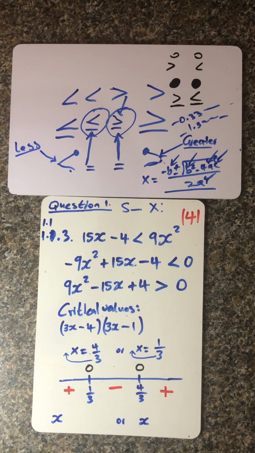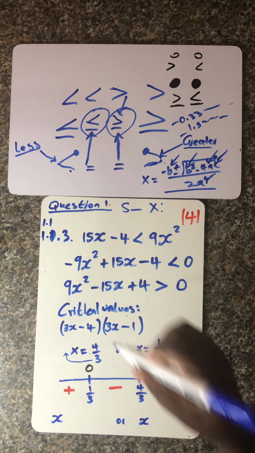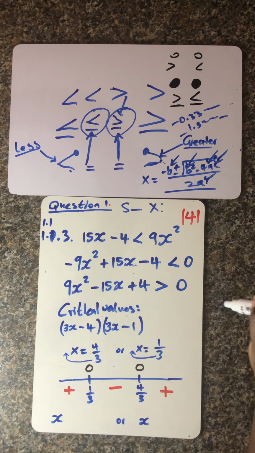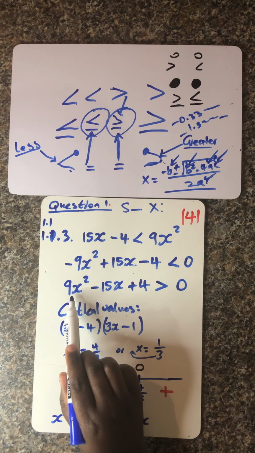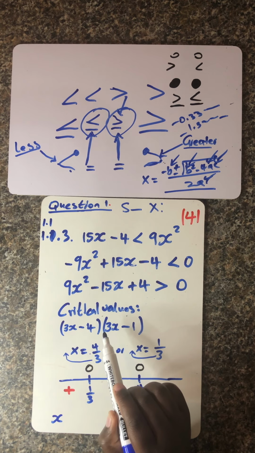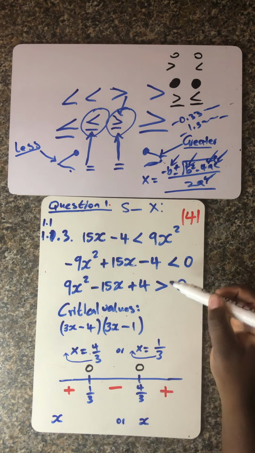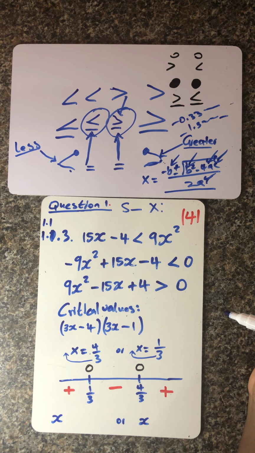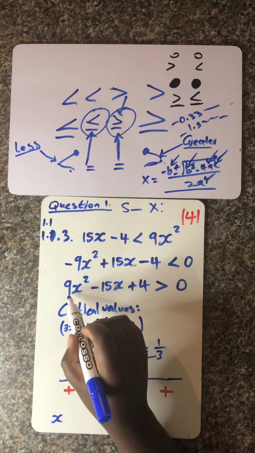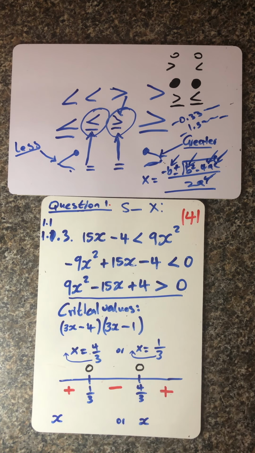So ladies and gentlemen, according to this statement, it says for which values of x, when you substitute there, you're going to get a number which is greater than 0. That's what this statement means.